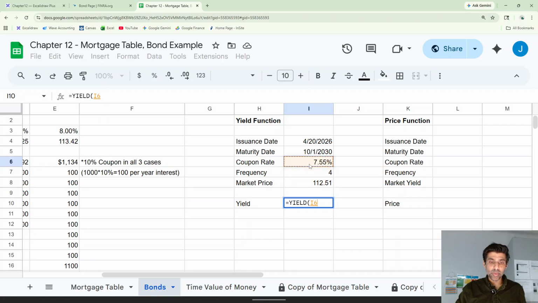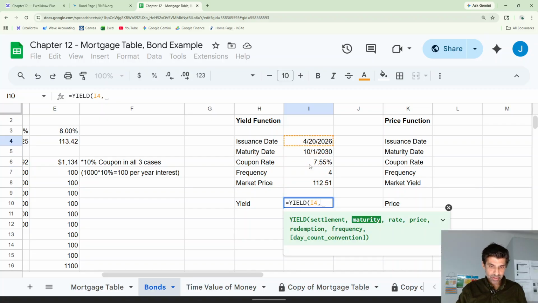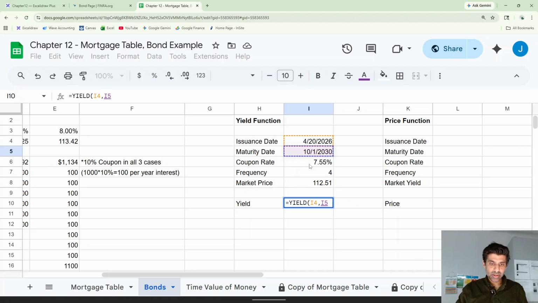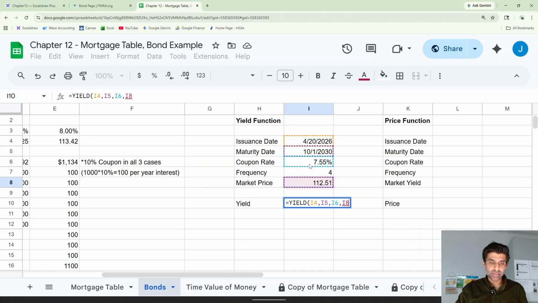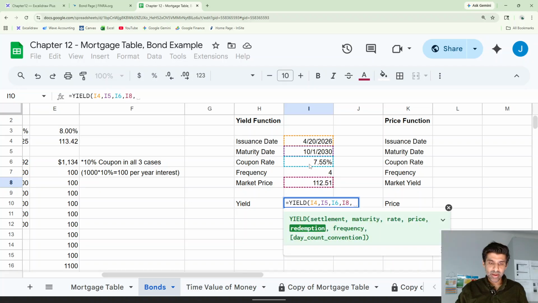The terms are the settlement date, meaning the trading date, the maturity, the coupon rate, which is 7.55%, the price, which is this market price, and then the redemption, meaning the par value. It's most often going to be 100.